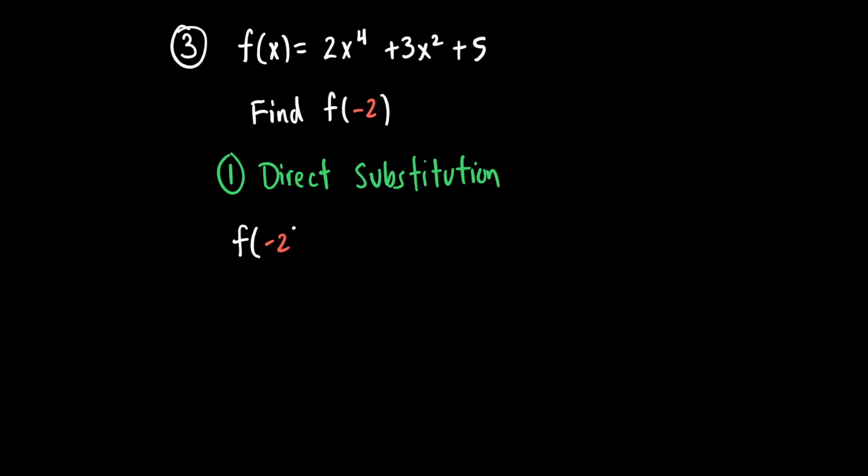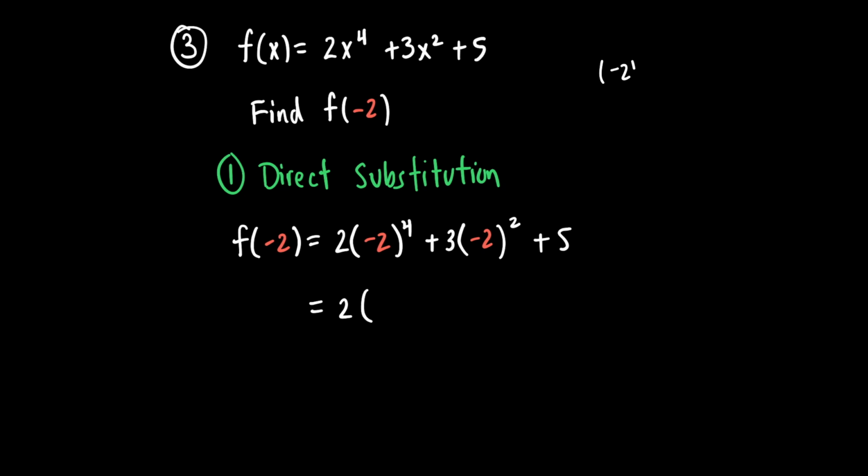So f of negative 2 would be 2 times negative 2 to the 4th power, plus 3 times negative 2 to the 2nd power, plus 5. If you have negative 2 multiplied by itself 4 times, that gives 4, then negative 8, and then positive 16.